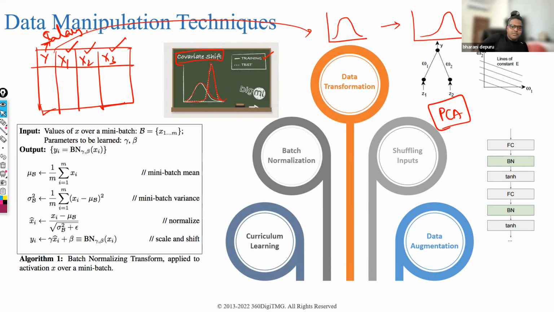So your model doesn't work well. You're training the model on a different data set, and you're testing it on a different data set. So it doesn't work well. You need to ensure that your training data and test data have the same data distributions. Same is the case with inputs also.